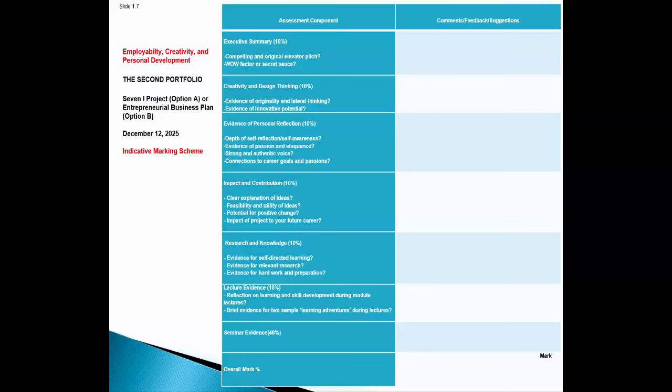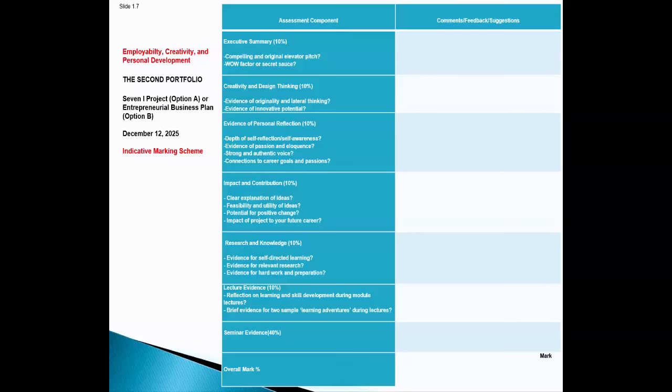Executive summary, creativity and design thinking, evidence of personal reflection, your storytelling, your why is this significant to you? Your asset, this is about your asset creation. Your impact and contribution related to what you are creating. Again, think about your asset creation journey.